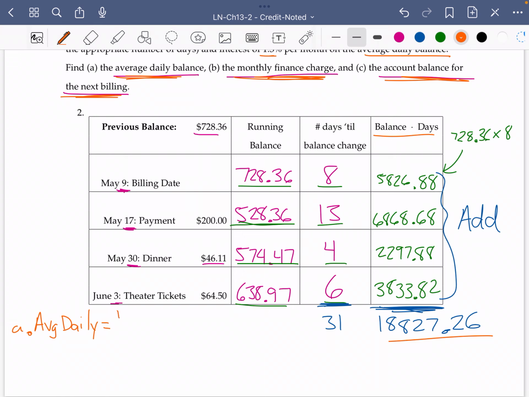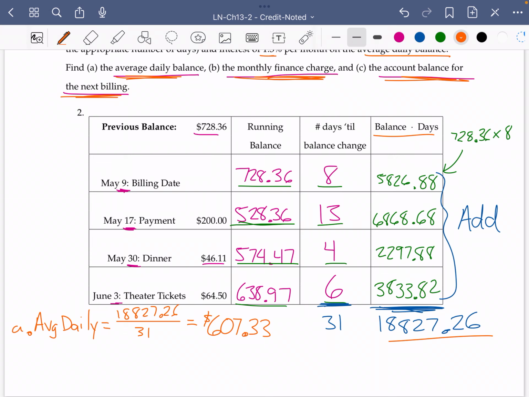So it's going to be that $18,827 and 26 cents divided by the number of days, which was 31. And we'll round this to the nearest penny. And so we get the average daily balance was $607.33.